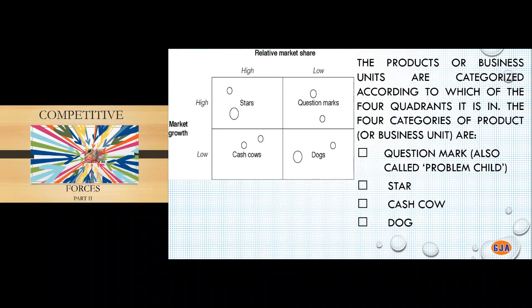So vertically we have our market growth rate, and on the horizontal we have our market share. This divides the products into four that we now call the stars, the question marks, the cash cows, and the dogs.